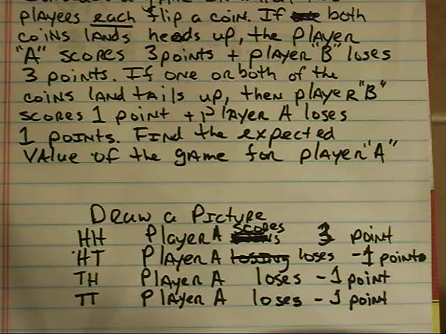If player A flips heads and player B flips tails, then player A loses 1 point. Furthermore, if player A flips tails and player B flips heads, player A still loses 1 point. And finally, if both of them flip tails, then player A loses 1 point. Those are all 4 scenarios in this situation.